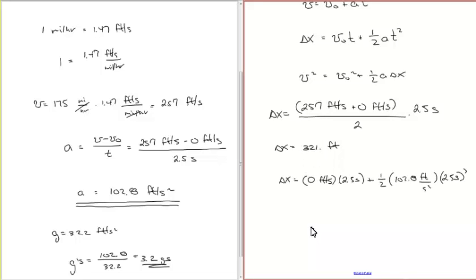So we get 0.5 times 102.8 times 2.5 squared, and I get 321 feet, which I should have gotten because I said I get the same answer. So you can see it doesn't matter which one we use. Okay, so that's it.